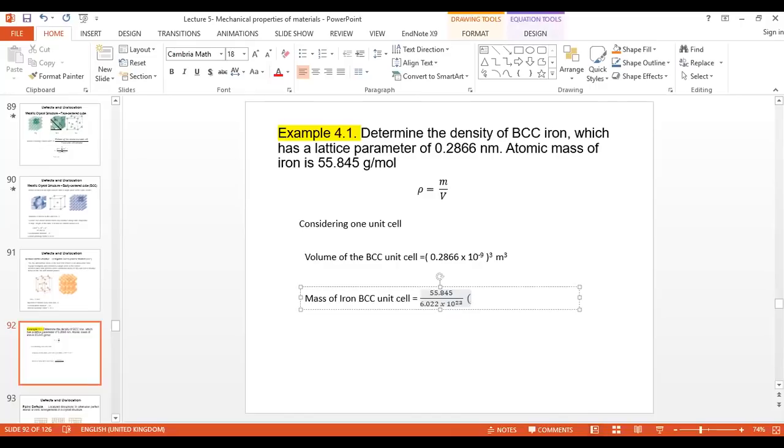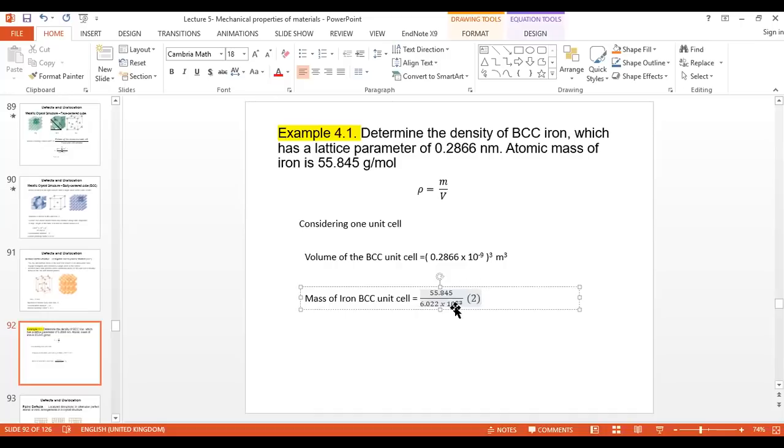Then how many atoms are there in a BCC unit cell? In a BCC unit cell, there are 2 atoms. So this is the weight of one atom, but the iron BCC unit cell has 2 atoms.